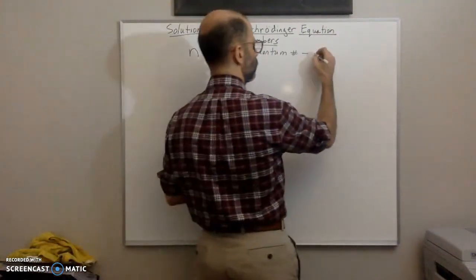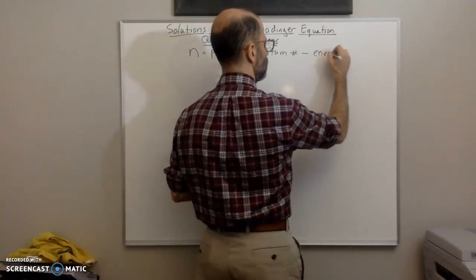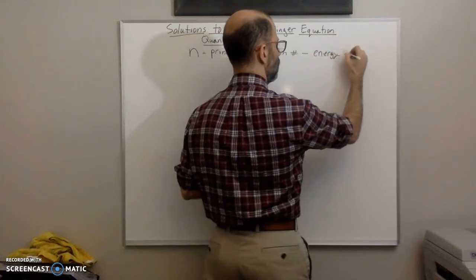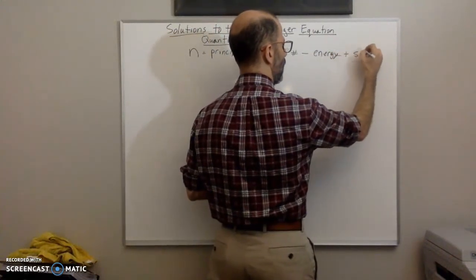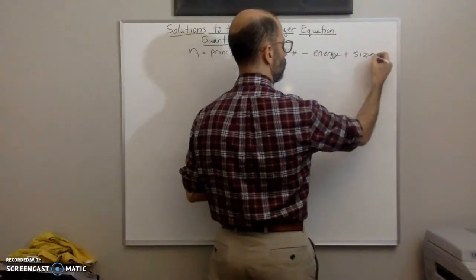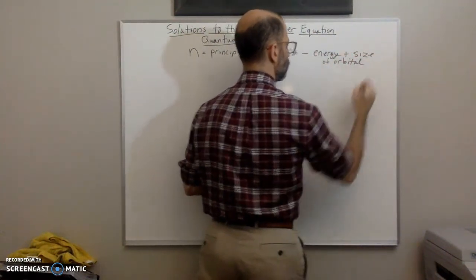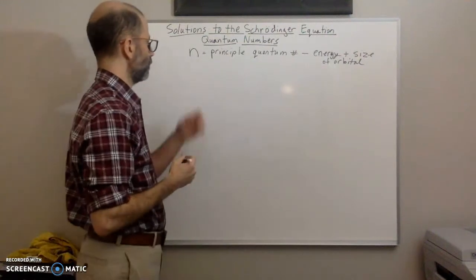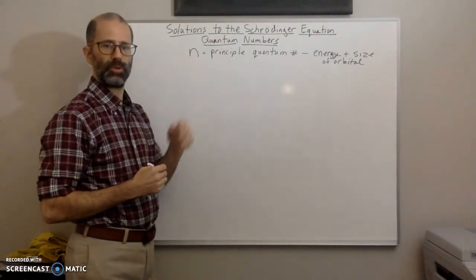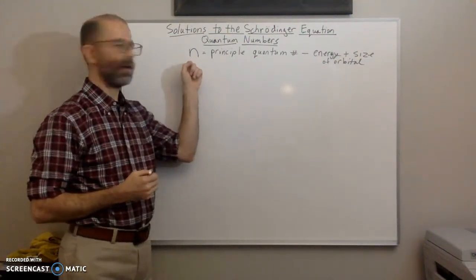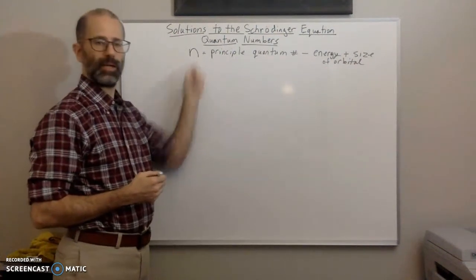So this has to do with energy and size of the orbital. That's the first one, your principal energy level, and it's represented by the letter n.